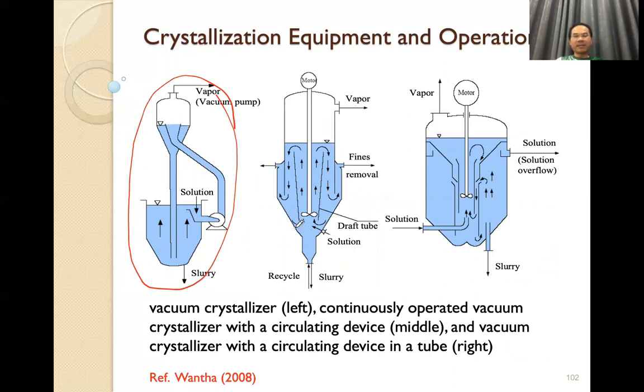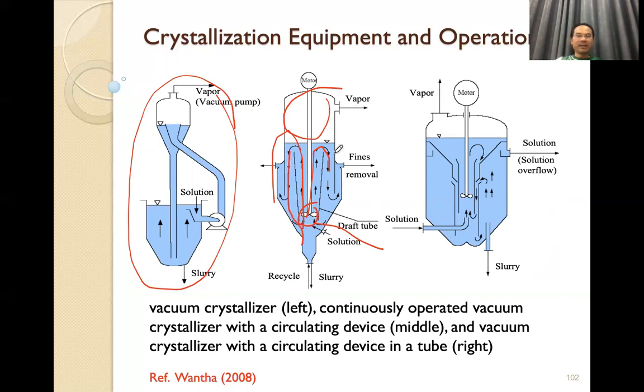This is also the drop tube crystallizer. In this case, we have classification. The feed solution feeds in like this, and then the drop tube produces the circulation. If the overhead is evaporative, there is some vapor here, and the crystal circulates in this zone.